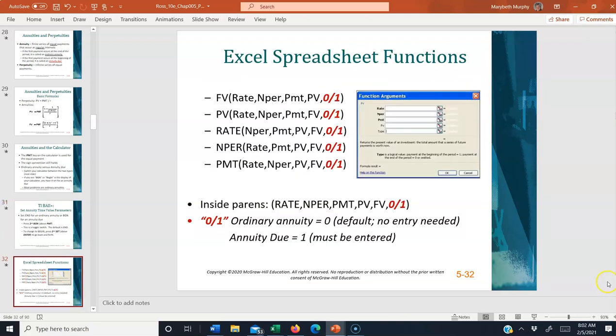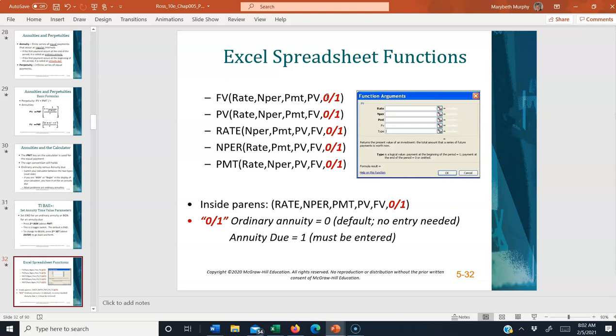Okay, Excel functions we're going to use for this. We're going to use future value. And how we adjust for an ordinary annuity or annuity due is the last value where it says type. We're going to use 0 if it's an ordinary annuity. And you really don't have to enter anything there.